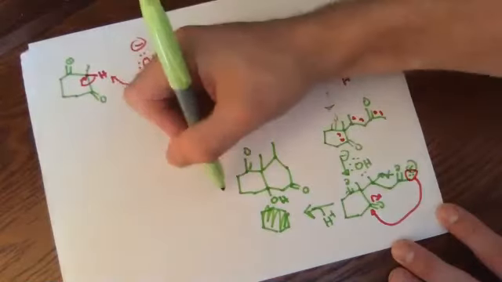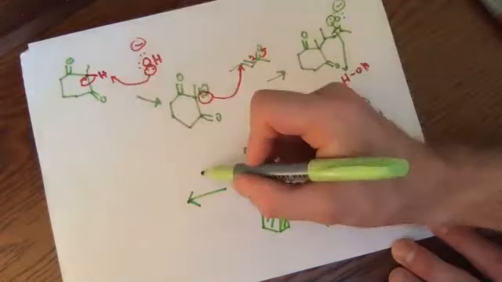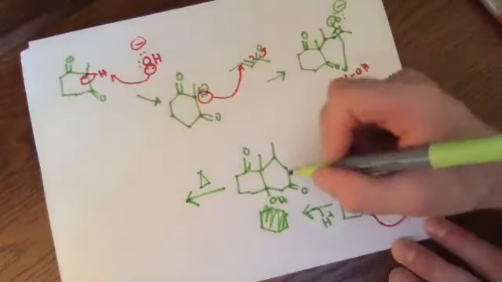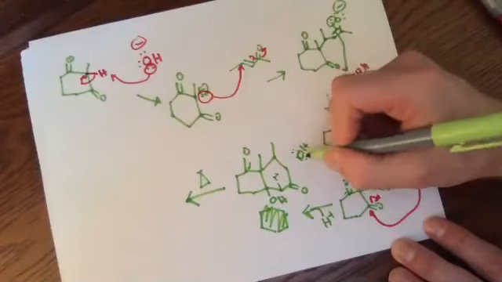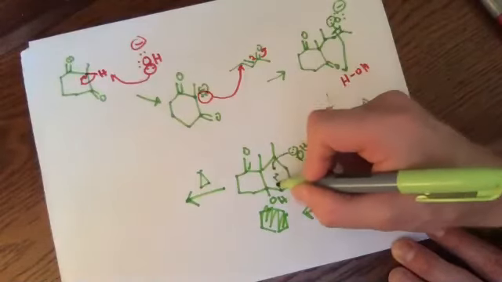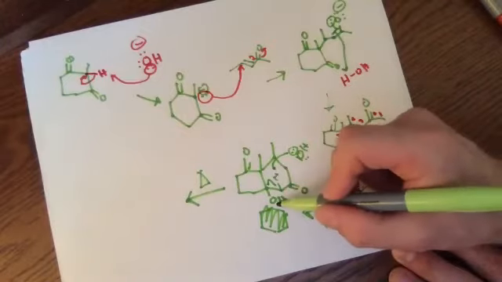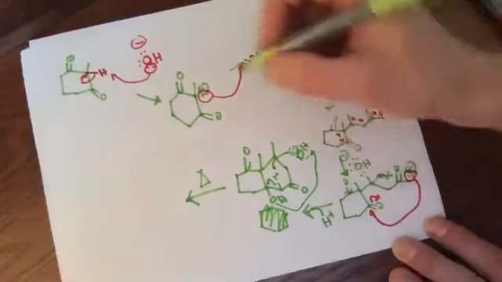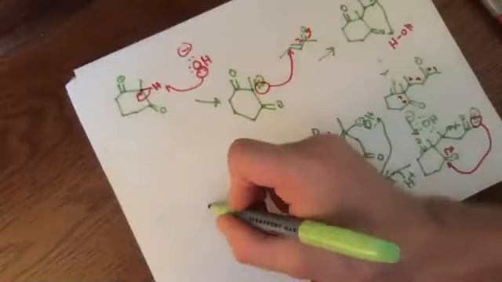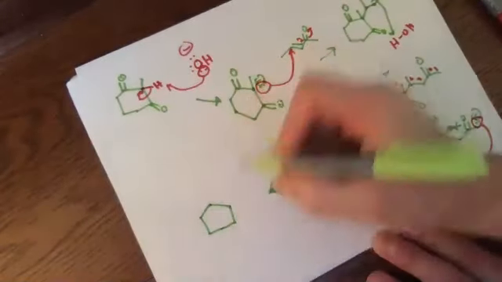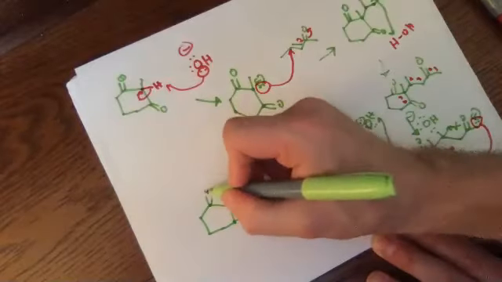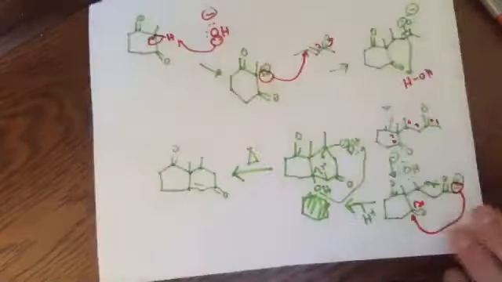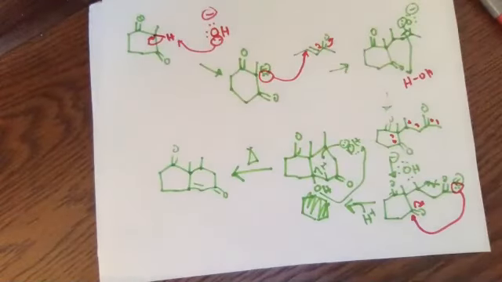And then from here, adding in heat lets us do, so we made OH, we can pull off the proton, make the double bond, kick this out and have it grab the other H to give us our final product here.